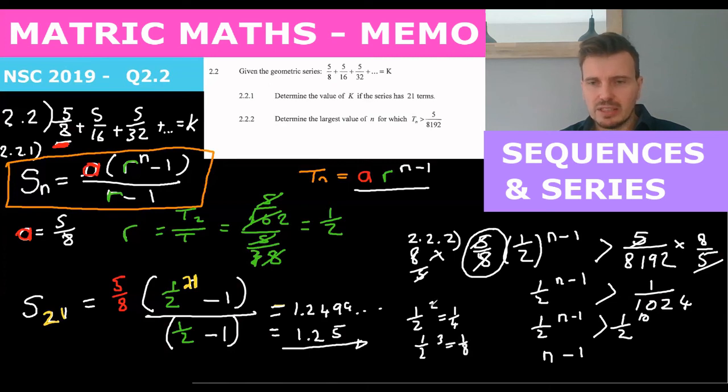And so as n gets bigger, the number gets smaller. So when you look at n minus 1, the value is getting smaller as n gets bigger. So it's not the usual direction, because this would assume that the number would be bigger as n gets bigger, but actually it goes in the other direction. So just be careful of that.